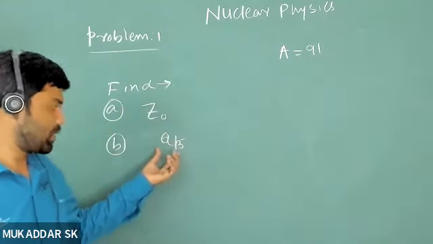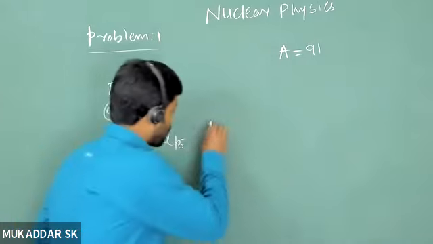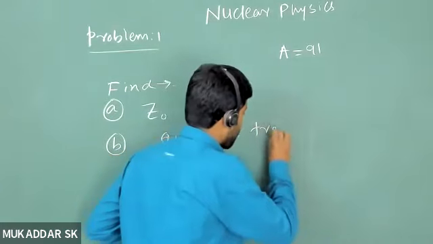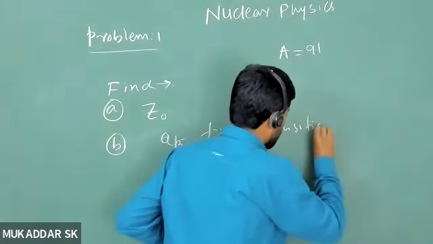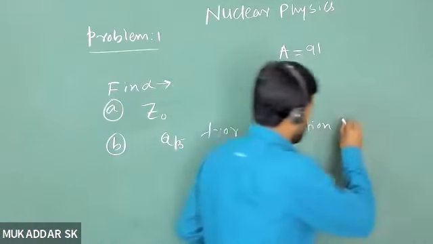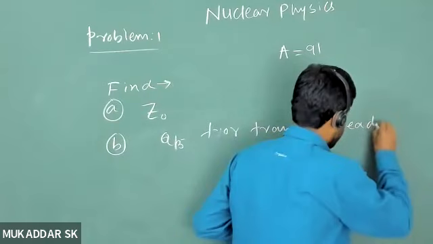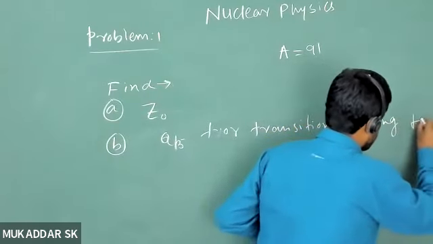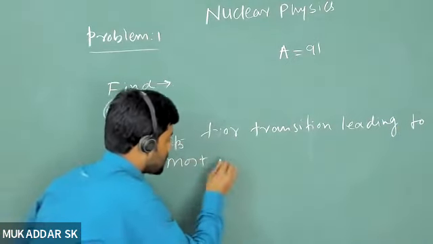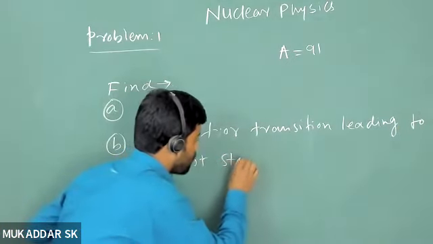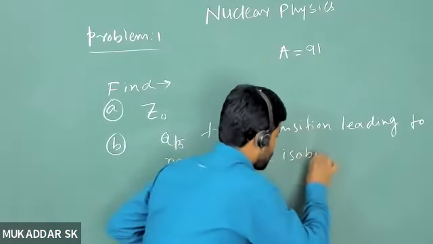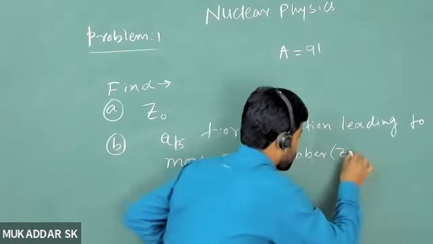Q beta minus is the energy release for the transition leading to the most stable isobar, meaning Z naught.